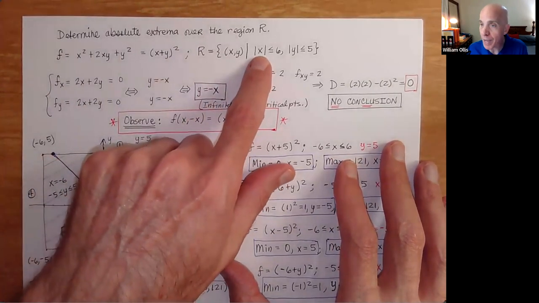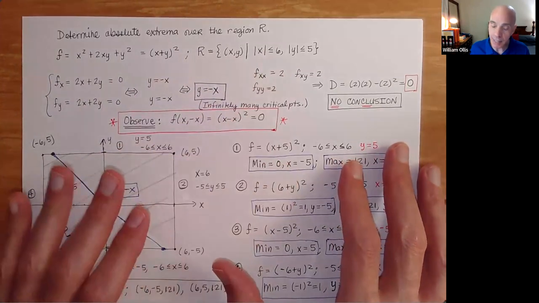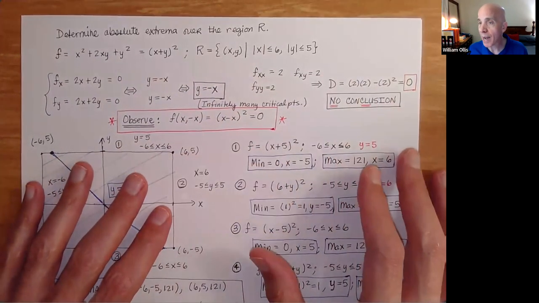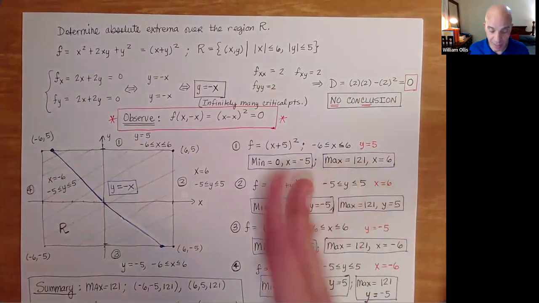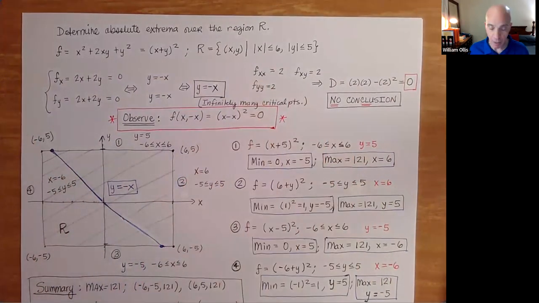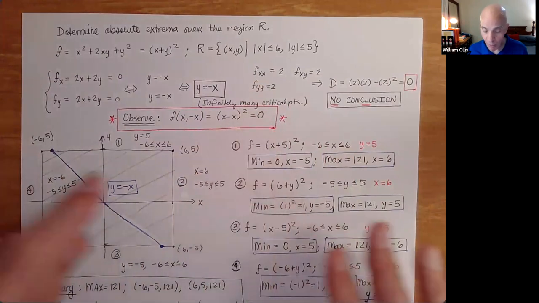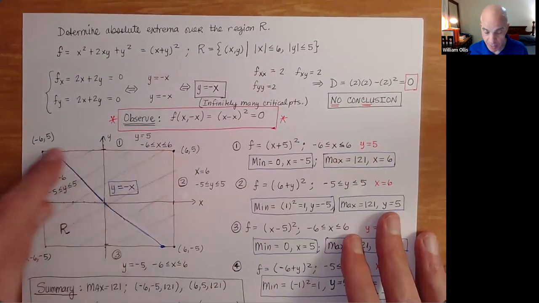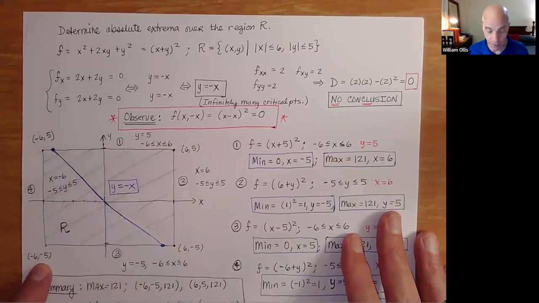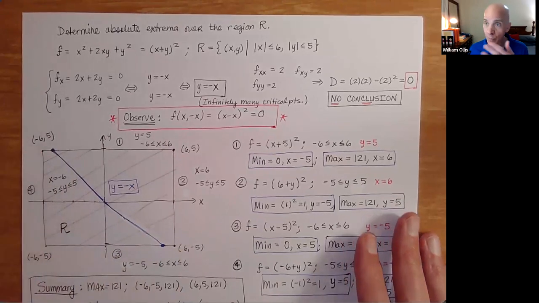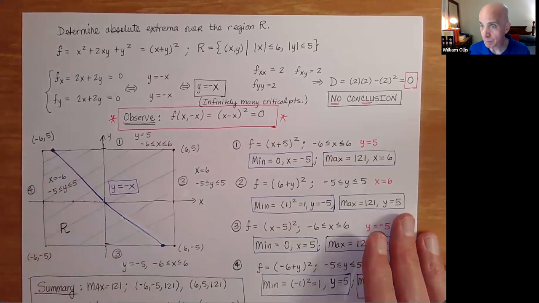That is, the absolute value of x is less than or equal to 6, and the absolute value of y is less than or equal to 5. So just with that, we get a nice rectangle here. Okay, so again, we'll have vertices (6, 5), (6, -5), (-6, -5), and (-6, 5), moving through all four quadrants.